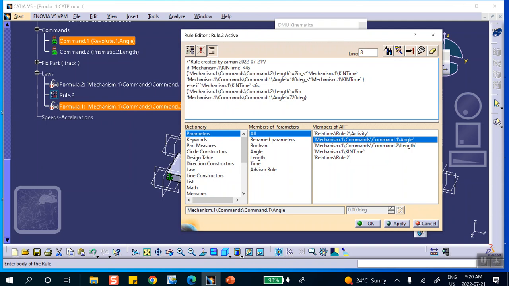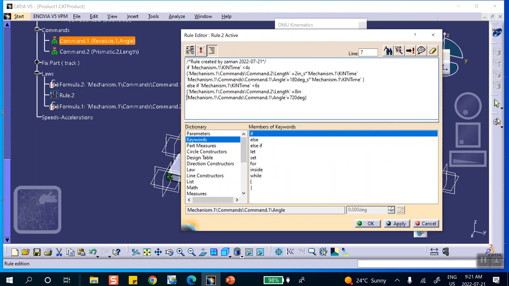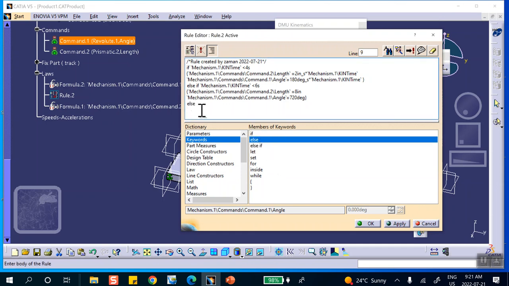Else. Why does it go there? Else. Okay. Else, all you need to do, I'm pretty sure you write down parentheses, the time, not the time, but the position.